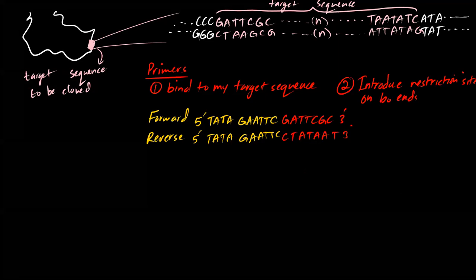And now I'm going to show you how these primers will anneal to their target sequence. So the first step in PCR is denaturation. So these two strands will be denatured from each other like this.